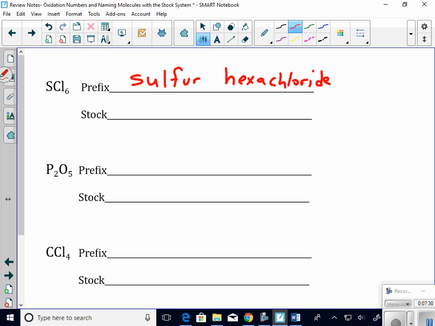Now, if I am using the stock system of nomenclature, I use Roman numerals once again, but I'm only going to put a Roman numeral in the middle. What I mean by that is I put a Roman numeral for sulfur.